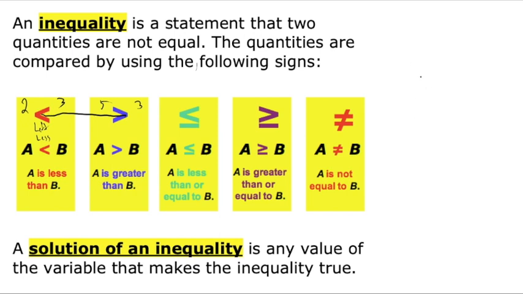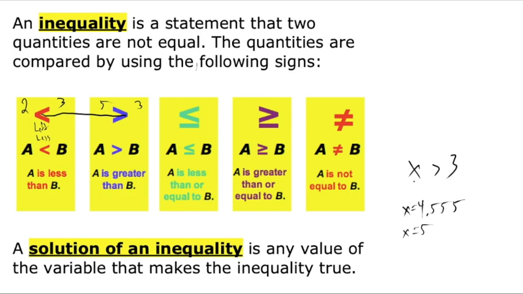For instance, if I have x is greater than 3, one of the solutions could be x equals 4 because 4 is greater than 3. I could have also said x equals 5 because 5 is again greater than 3. As you can see, I actually have an infinite amount of solutions, because instead of 4, I could have said 4.5 or 4.55 or 4.555, and so on. There's an infinite amount of numbers that x could be that are greater than 3.